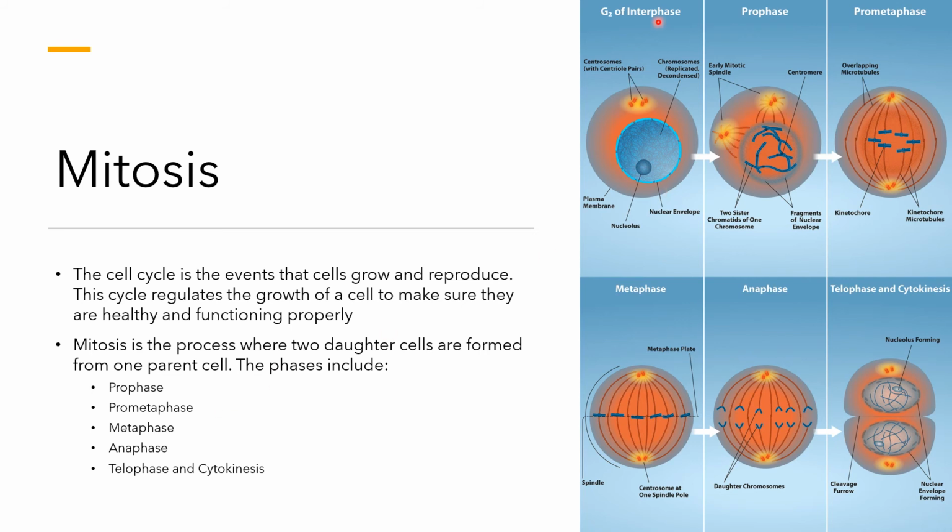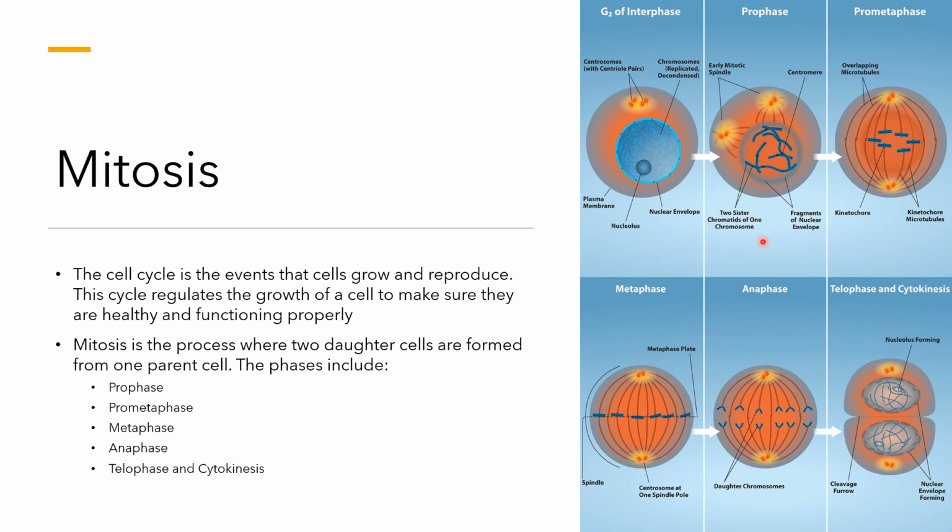You're gonna have prophase. So you're gonna have your mitotic spindles. They're gonna be on the sides. You have your centromere in the middle of the sister chromatids, and then you have little tiny fragments in the nuclear envelope.